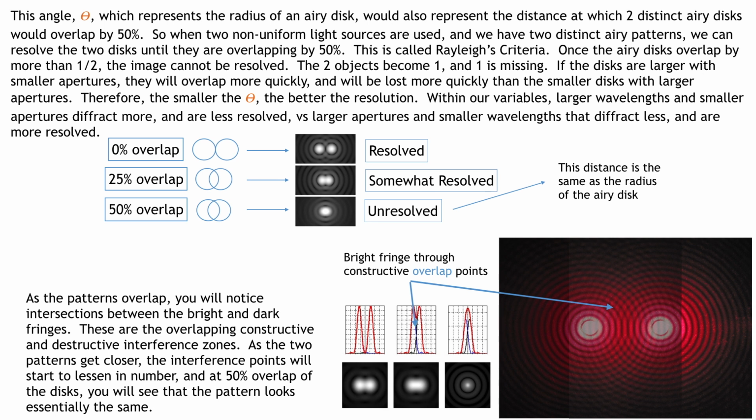So you can draw constructive lines going through these overlap points, these constructive interference points, and the destructive interference points. And what you'll see is that these overlap points get fewer and fewer, and eventually we are resolving one pattern. And we'll show that here momentarily.